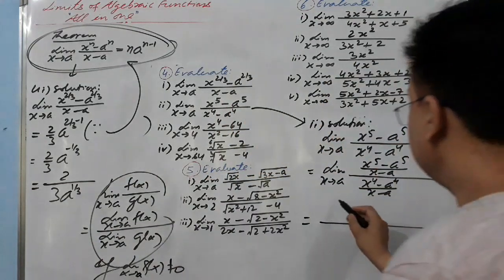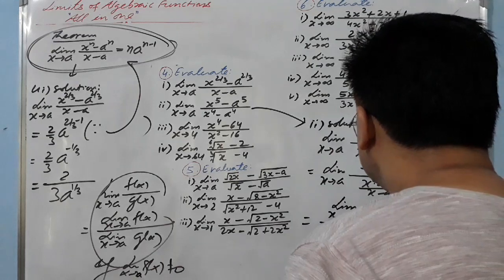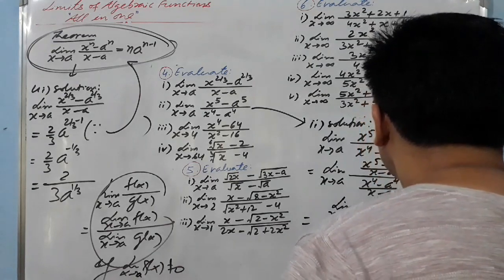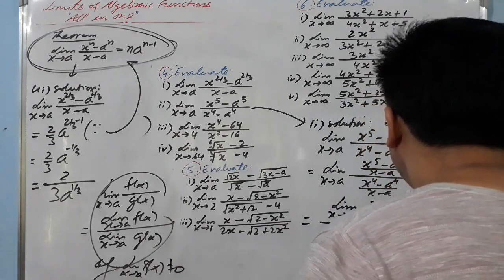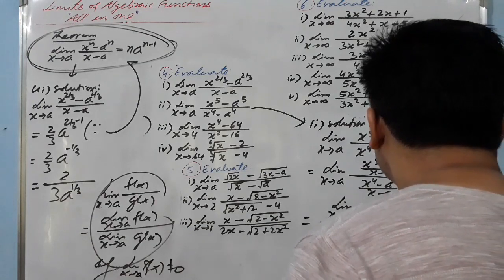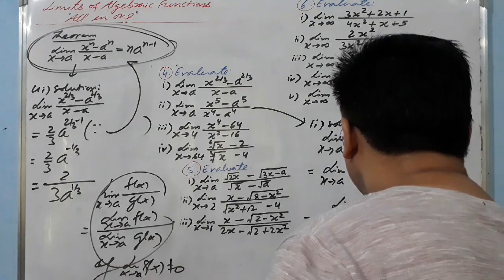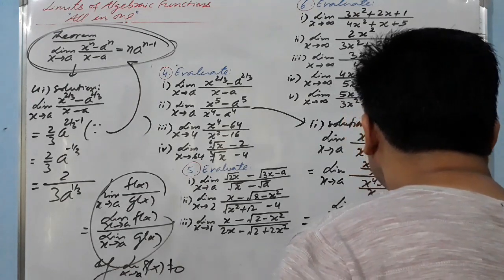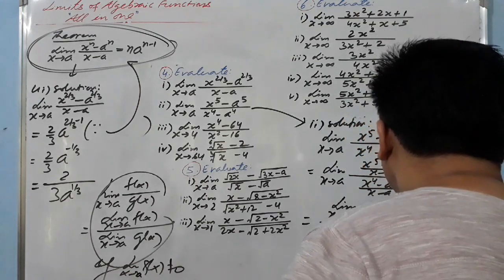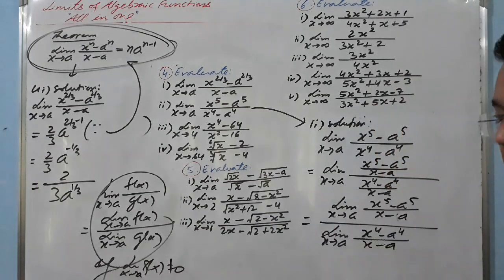We can write the limit as x tends to a of x raised to power 5 minus a raised to power 5 over x minus a, over the limit as x tends to a of x raised to power 4 minus a raised to power 4 over x minus a.